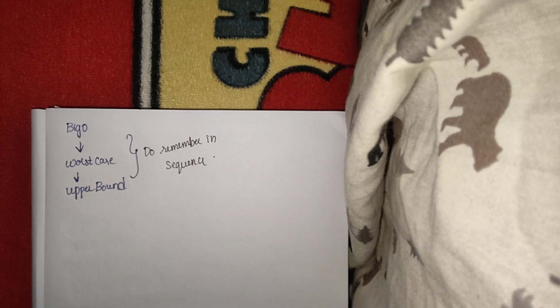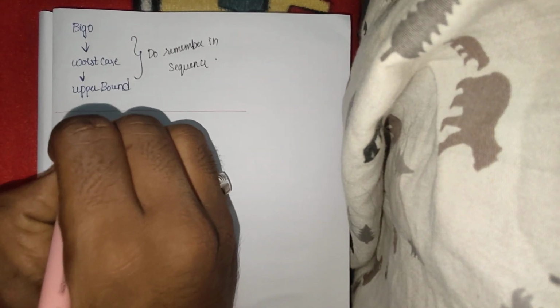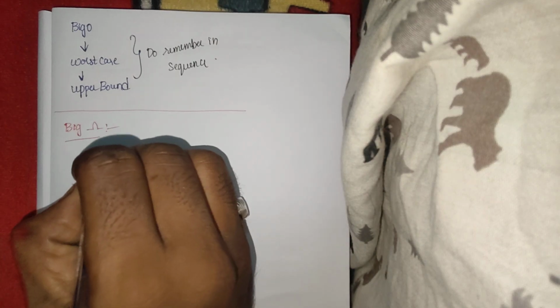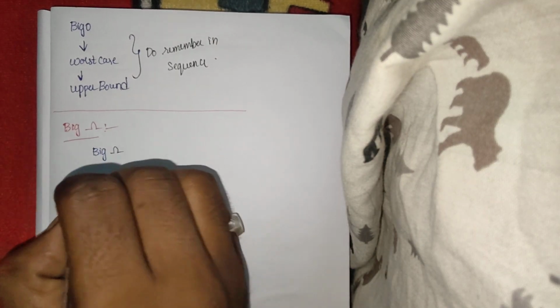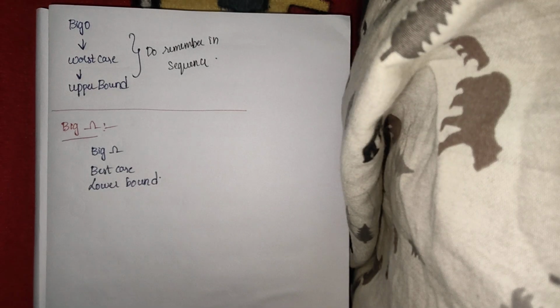So now let us go to big omega. Big omega is the best case lower bound. Here lower means minimum, bound means limit.